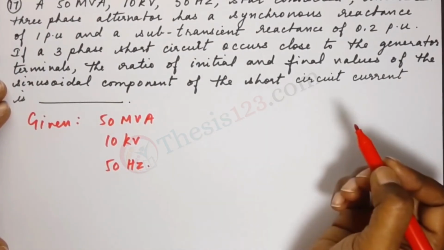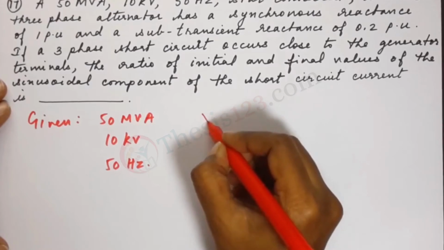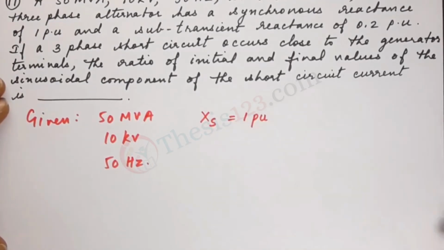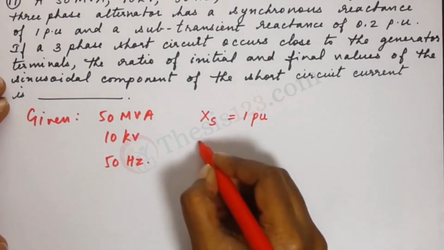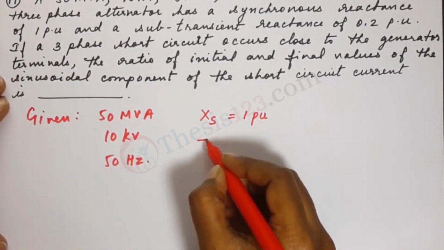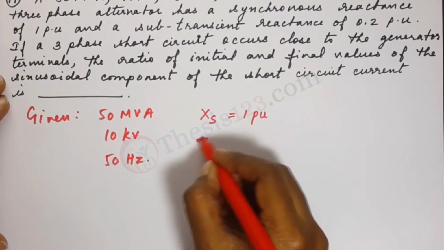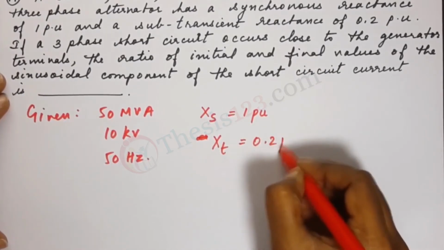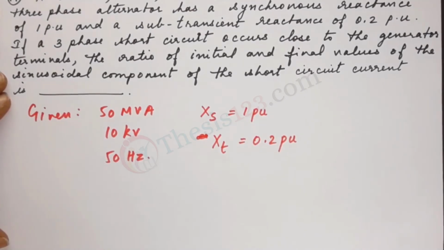We have also been given that the synchronous reactance, XS, is 1 per unit. Subtransient reactance, I'll just write that down as XT. XT is 0.2 per unit.